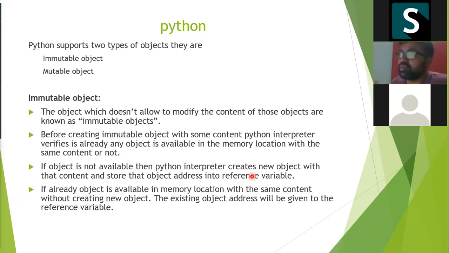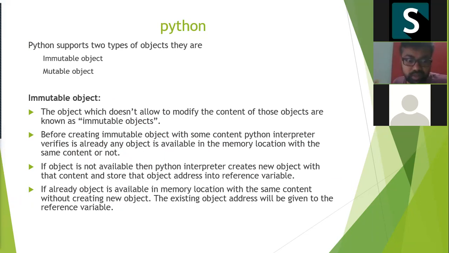Immutable objects are objects that do not allow modifying their content. As I mentioned, before creating an immutable object with some content, the Python interpreter verifies whether any object is already available in a memory location with the same content.